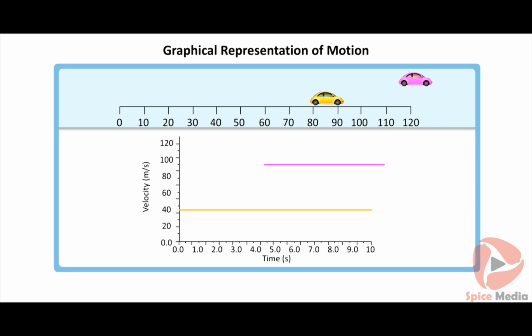From the velocity-time graph, we can determine velocity of a moving body in a particular time, determine the nature of motion, determine the magnitude of acceleration from the slope of the line in velocity-time graph, and determine the total distance traveled by the body in a given time interval.